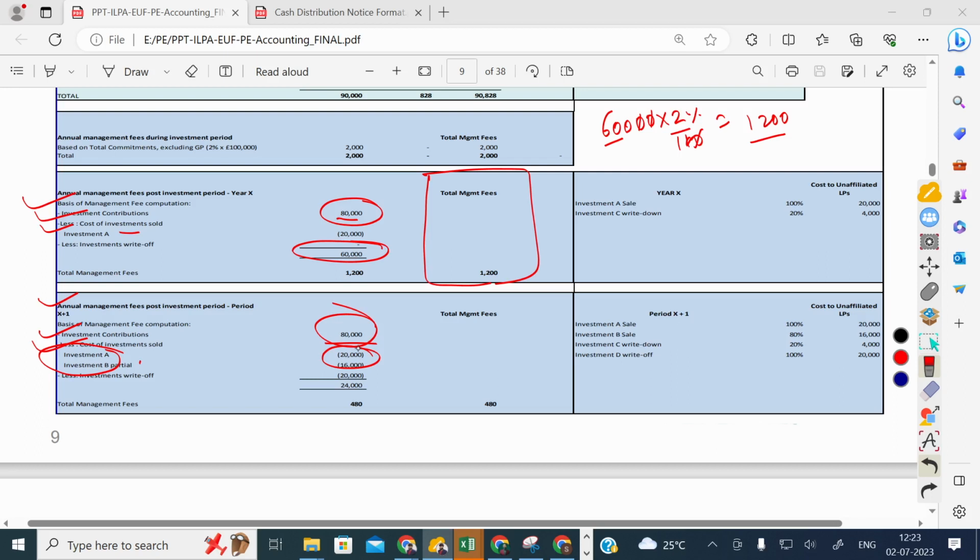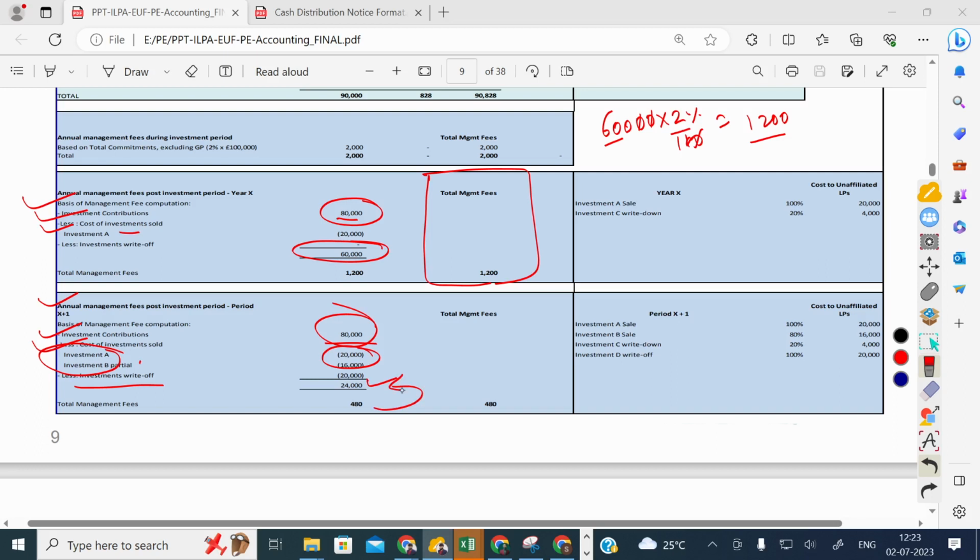If you sold it, then you cannot charge anything. And then investment less write-offs, anything as such. After deduction of all, the net investment becomes live, meaning whatever investment you have under management. Eventually that becomes 24,000 under management. So for the third year, you can charge management fees on 24,000.